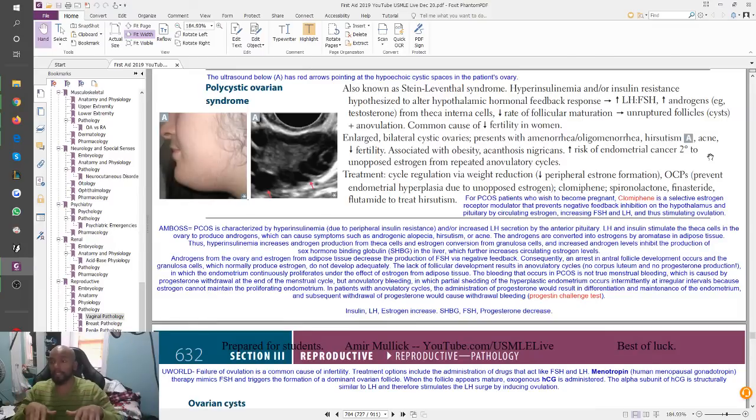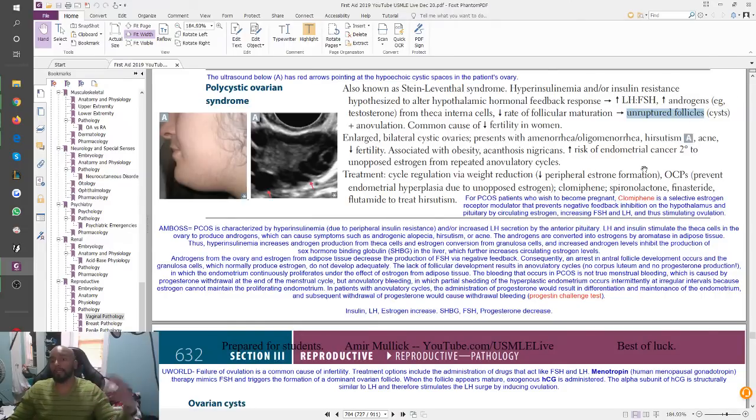You will be releasing FSH and LH, and that's very important. We know our patient is already going to have high LH, but we need the patient to release more FSH, right, to actually stimulate the follicles. Without FSH, follicle stimulating hormone, you end up having unruptured follicles, which then end up just becoming cysts.